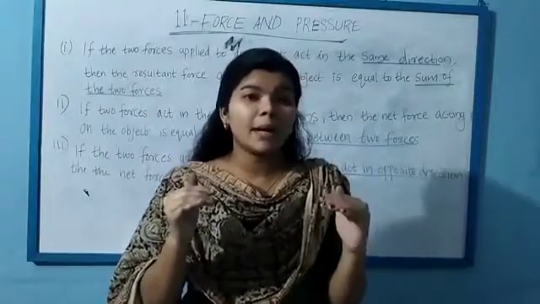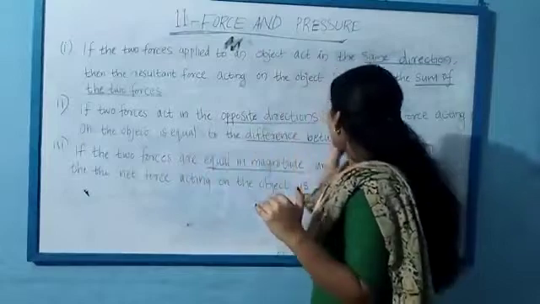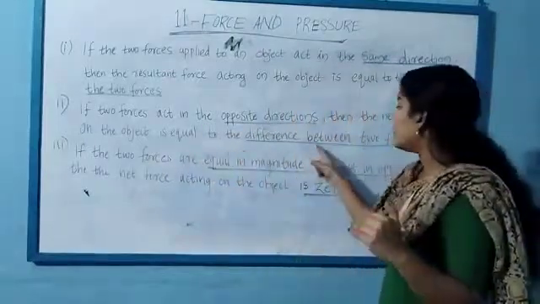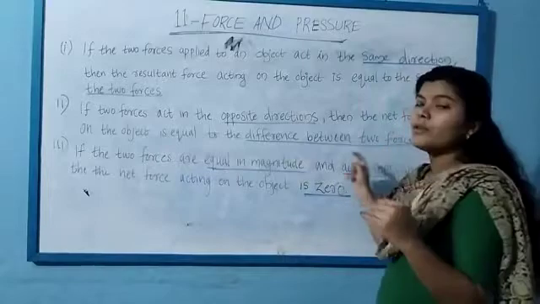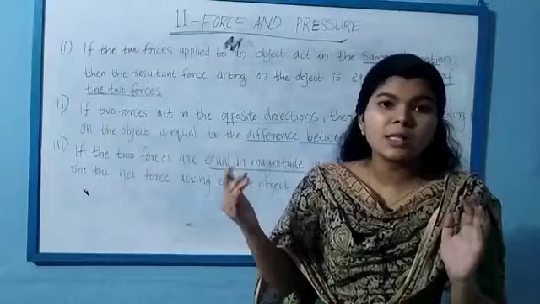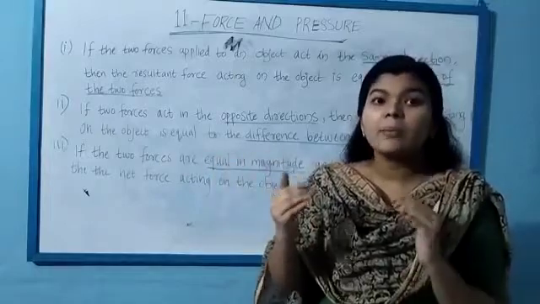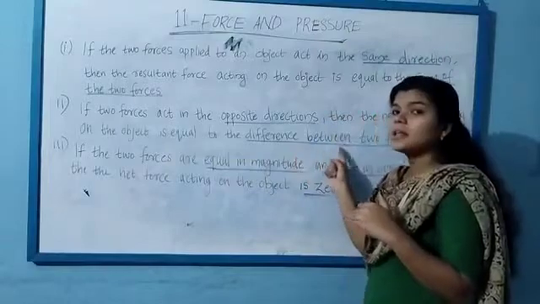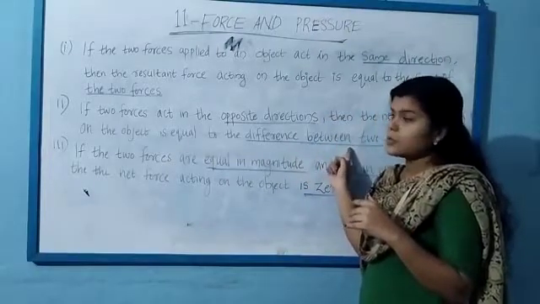What will happen? The net force acting on the body is equal to the difference between the two forces. When both of you are applying forces in different directions, the body will feel a force that is the difference between the two forces.